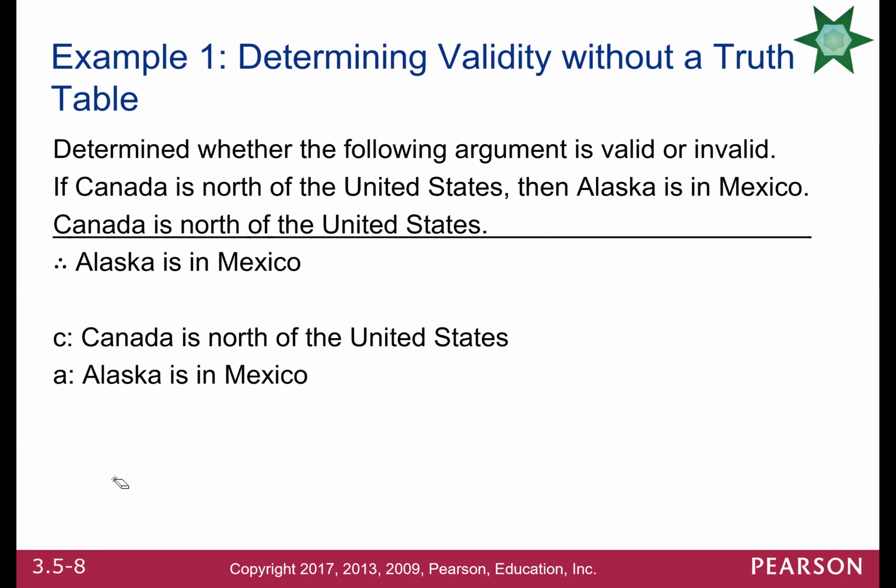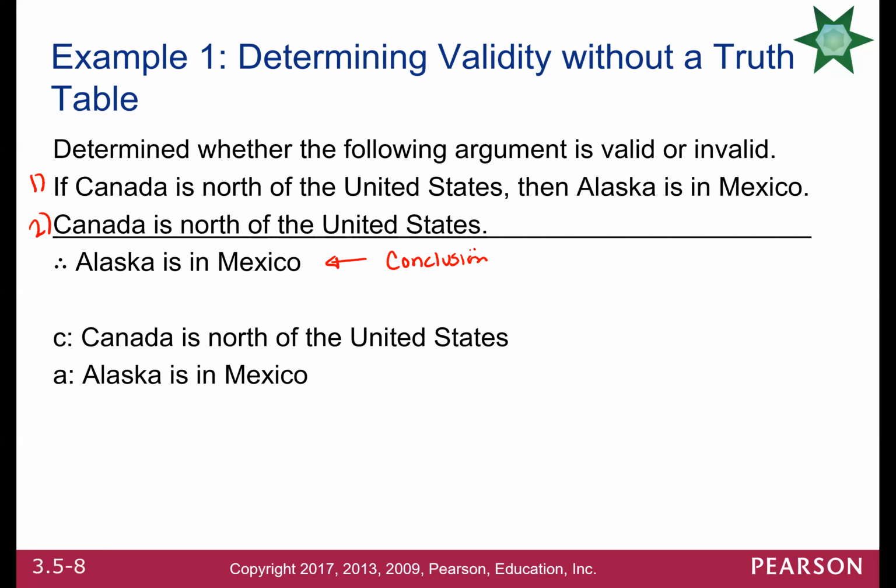Our second premise is Canada is north of the United States. And our conclusion is Alaska is in Mexico.